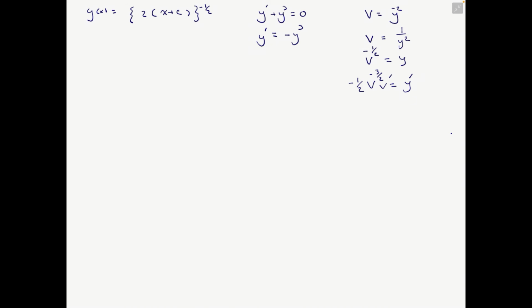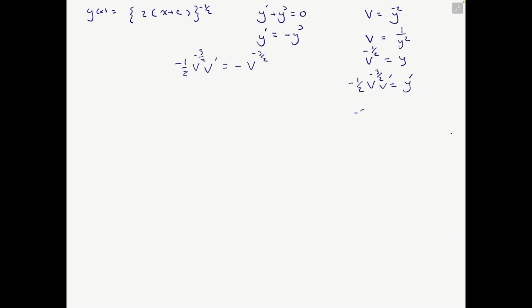So now we have minus 1/2 v to the minus 3/2 v prime is equal to minus v to the minus 3/2.